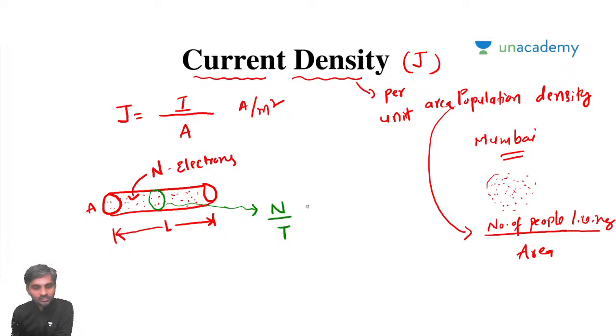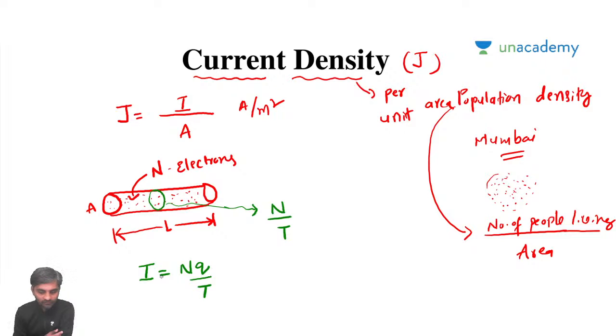Each electron has a charge of q. Whenever there is a flow of charge carriers, that is electrons, each electron has a charge q, and there are N electrons.